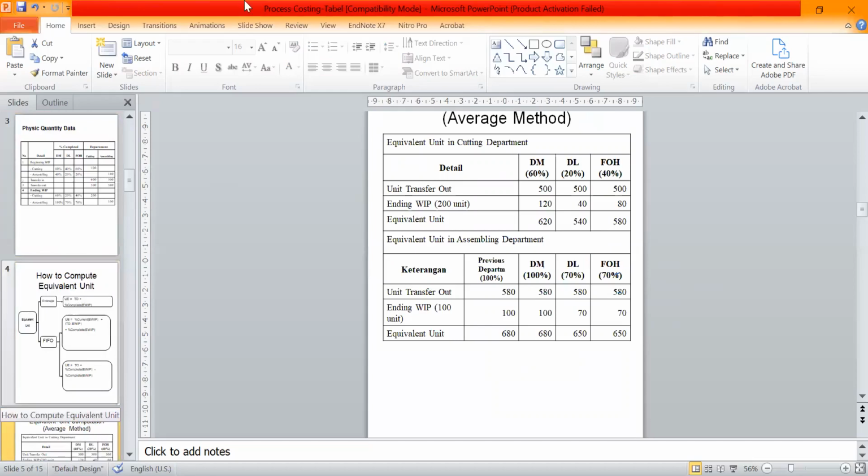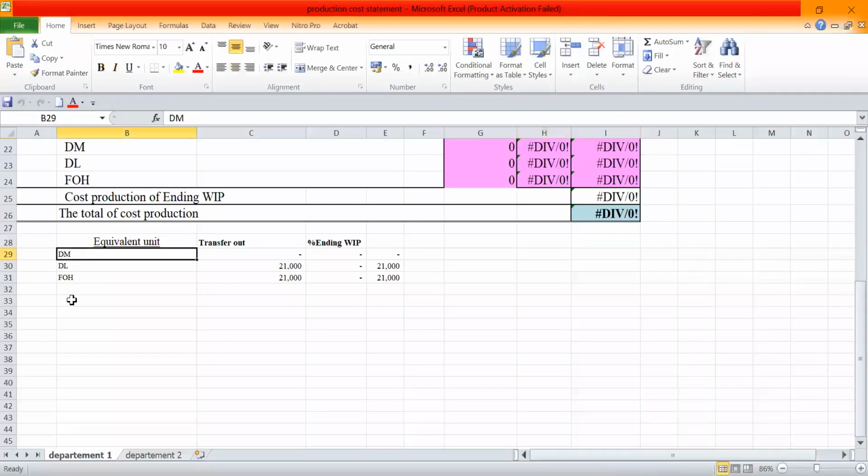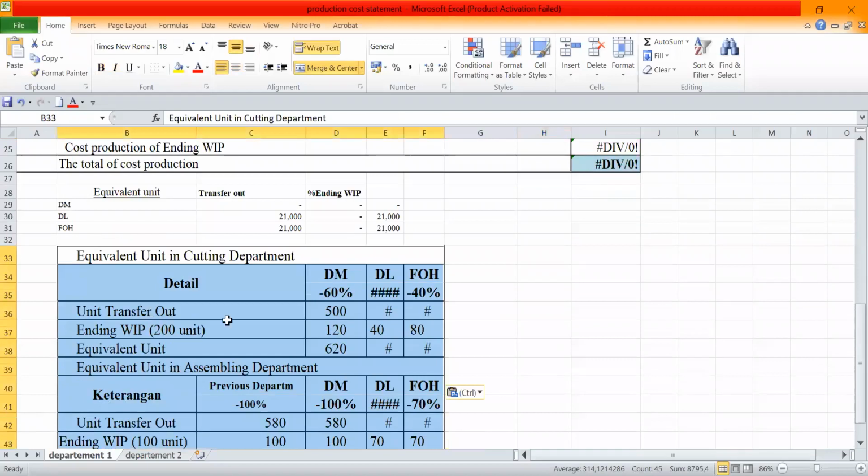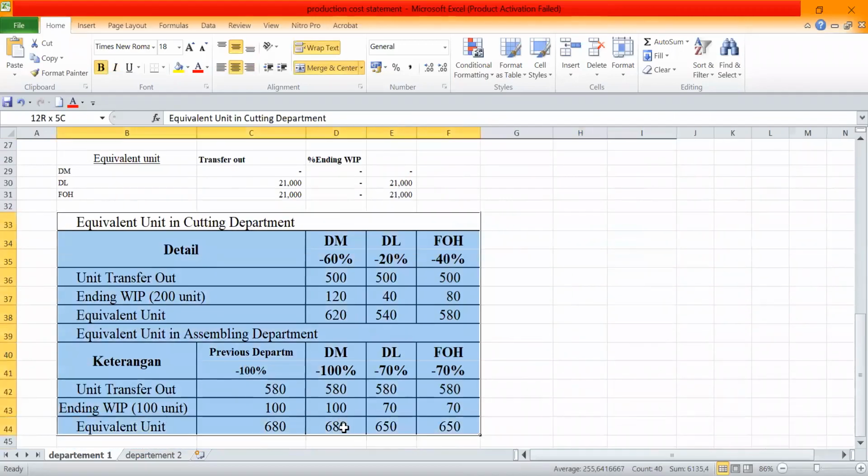in reading the data. Okay, so I will copy paste this table to our Excel. Talking about the equivalent unit here, we already computed together.